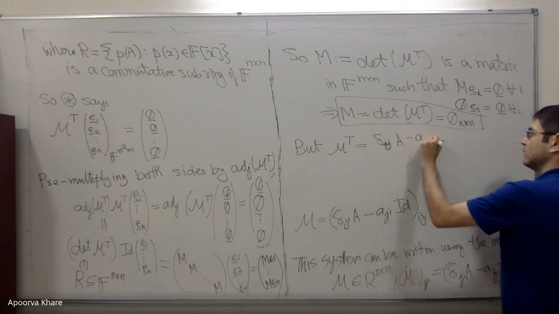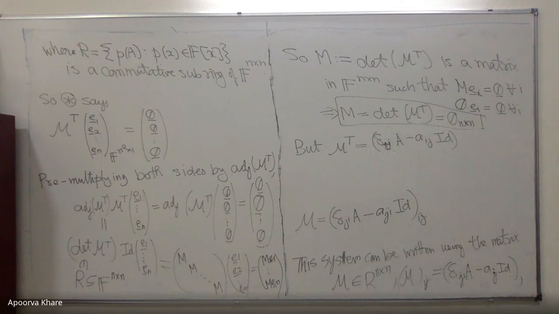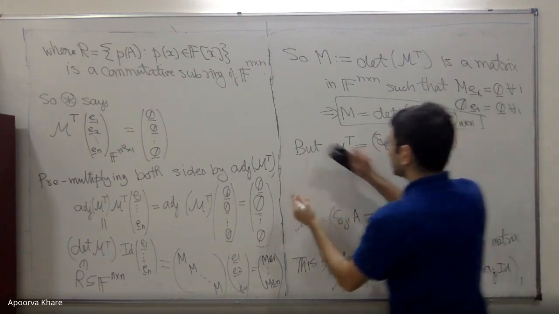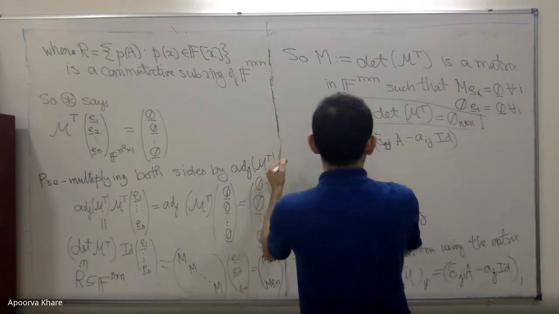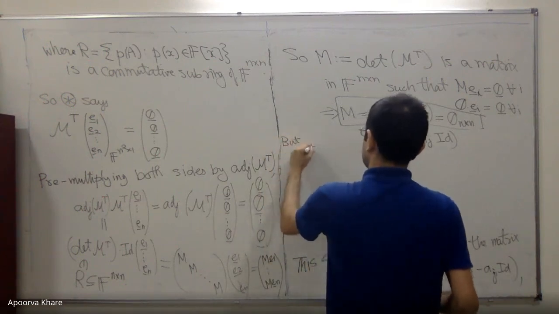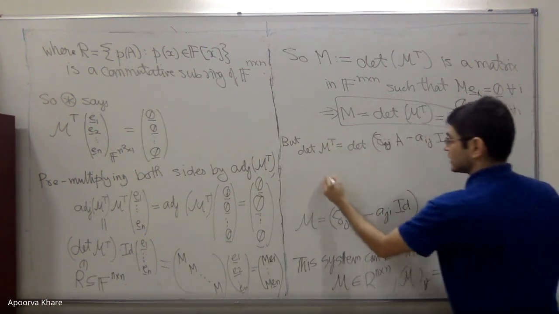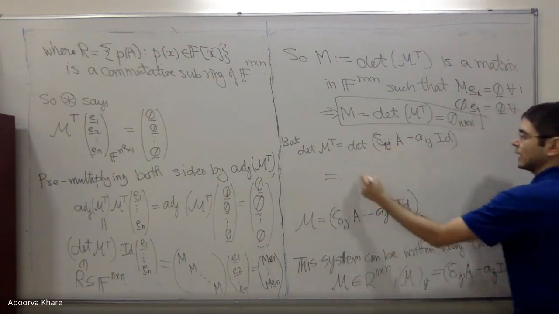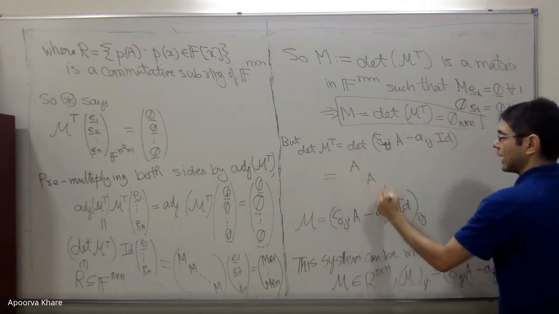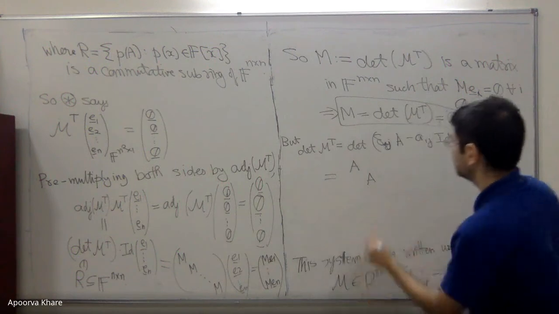Why don't I even put the determinant here? What is this? So delta ij, so it's literally A only on the diagonals. Now I can erase this. I wrote this down. Okay.